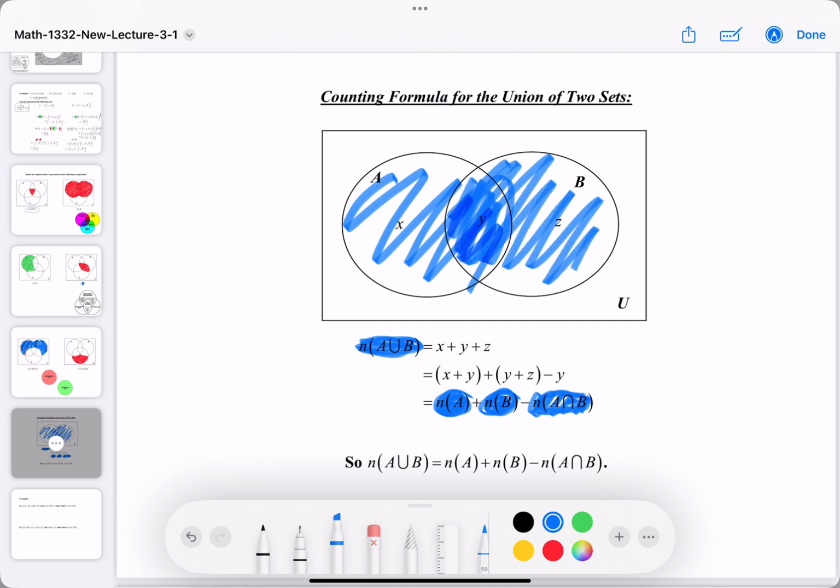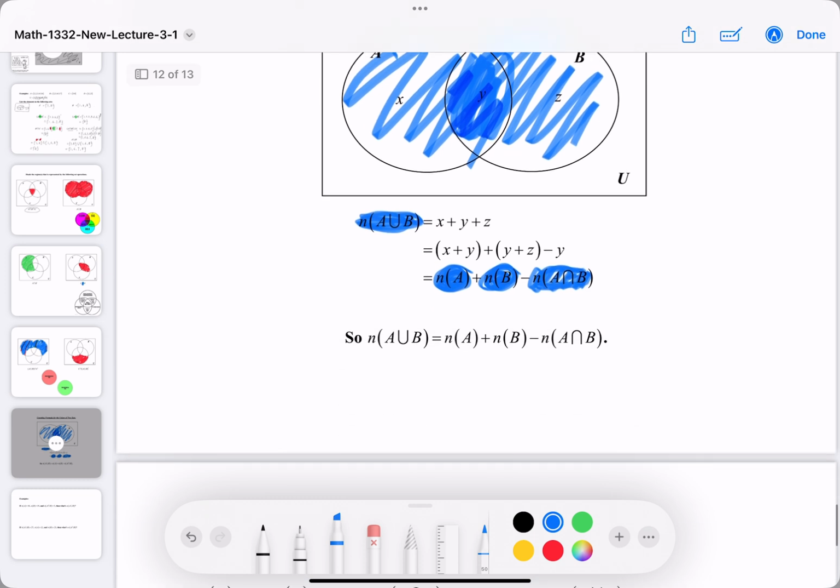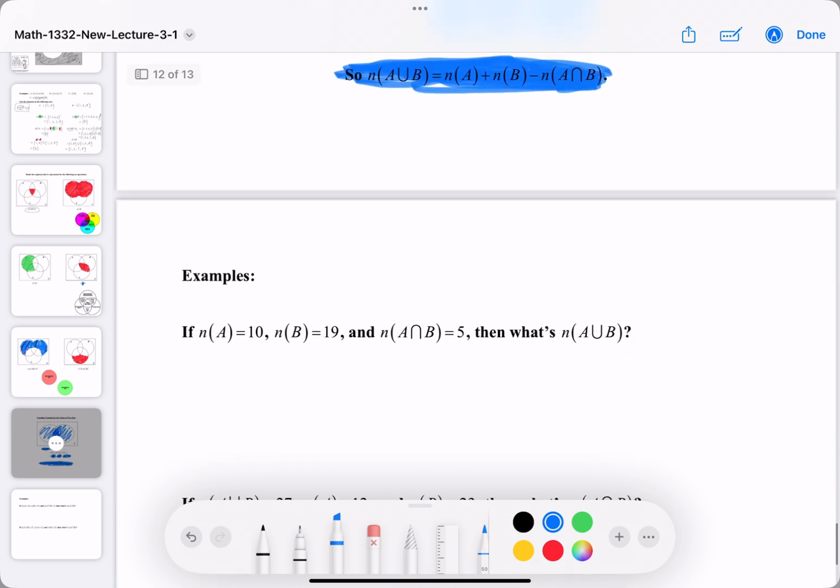So I add the y twice, so I need to minus y. That is the intersection of A and B. So we got a formula: n of A union B equals n of A plus n of B minus n of A and B.